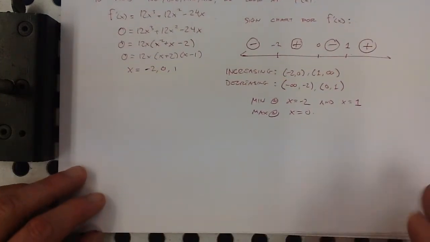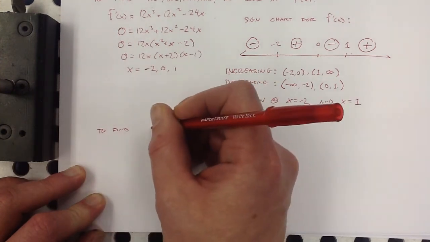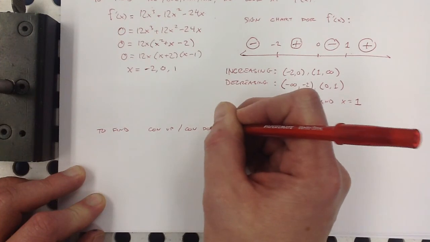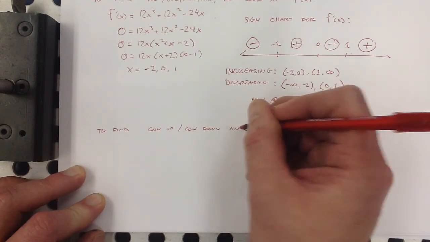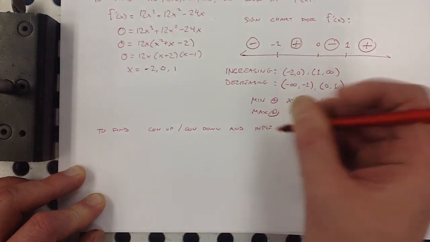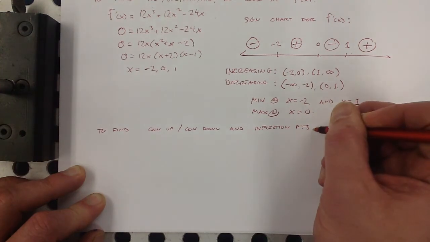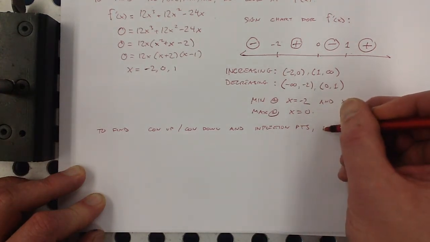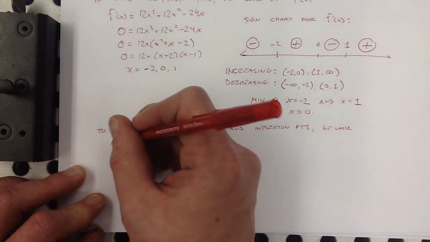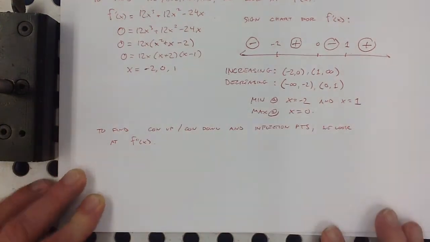And then to find concave up, concave down, and inflection points, we're going to look at the second derivative and play the same game.